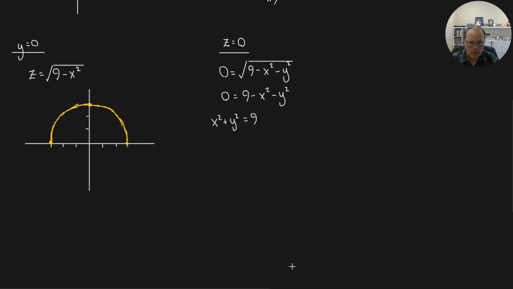Okay? So I'm going to do a few of these level curves and get a little bit of a contour plot going here. So this would be in the xy plane, so we're looking at it from above. At the height z equals 0, I have a circle of radius 3. Let me make it a little bigger since I have the space.